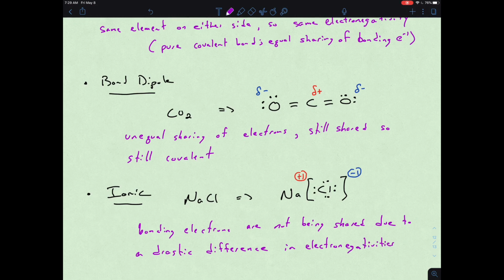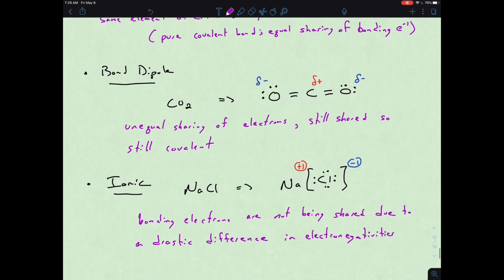So they all like to bond. It's just a question of how they do it because of this idea of electronegativity or desire of electrons. And that's all coupled with ionization energy and electron affinity that we've discussed prior. So you can actually relate this in terms of an actual equation.